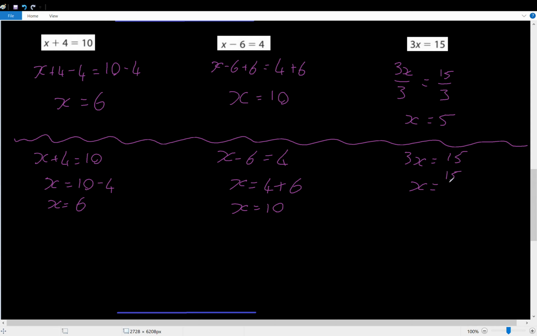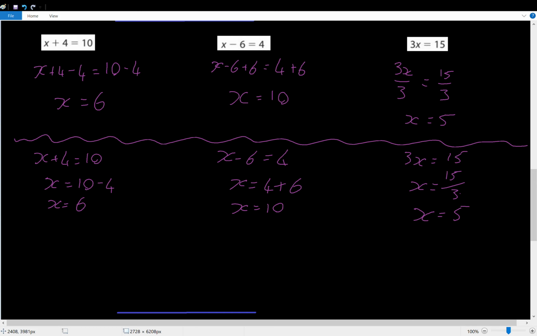But what we don't have to do is change it from plus 3 to minus 3. Because we changed it from multiply by 3 to divide by 3, that was enough. We didn't have to go about changing it from a positive to a negative. So we have x is equal to 15 over 3, which means x is equal to 5. So exact same solutions to all three of the questions, just with a slightly different approach.